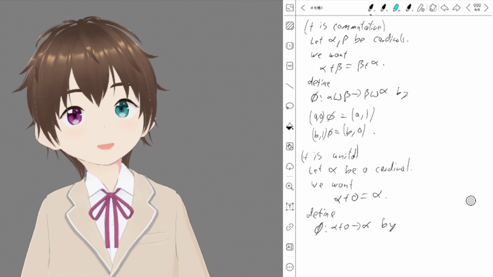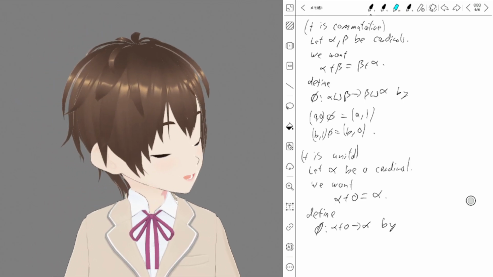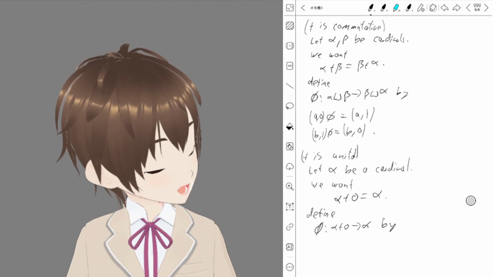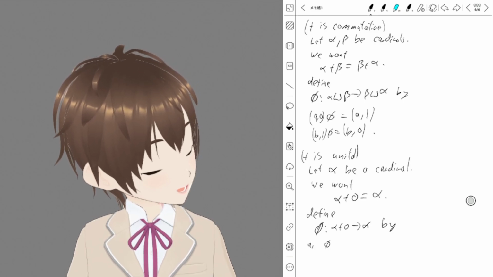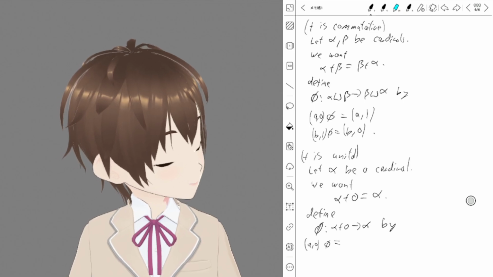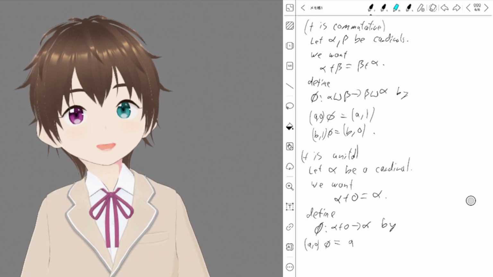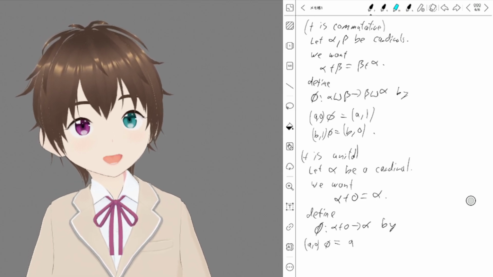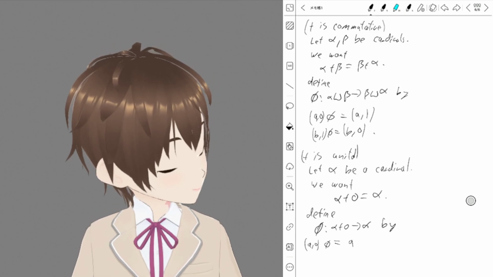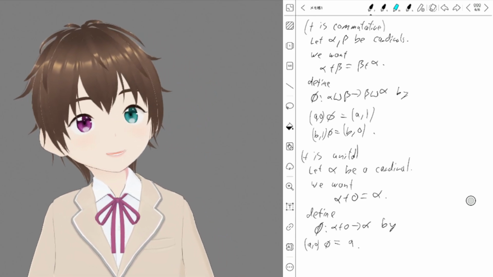It's a disjoint union of things. So you've got an alpha tagged with a thing. So phi, if it takes an a tagged with a 0, I just map it to a. And there's actually nothing else, because the other things would be elements of the empty set tagged with a 1, but there aren't any of those. This is clearly a bijection. So we have a unit.